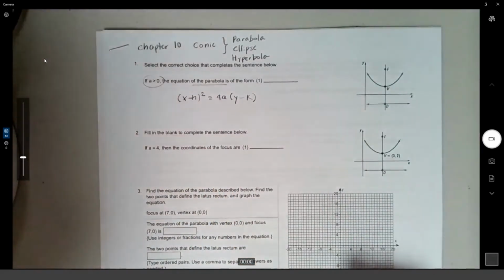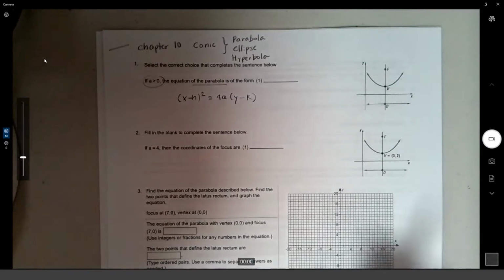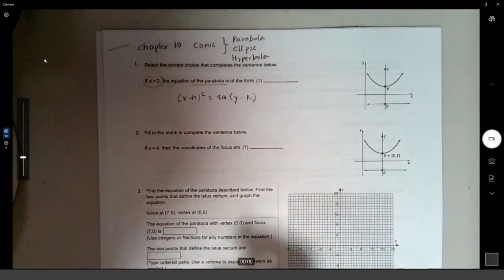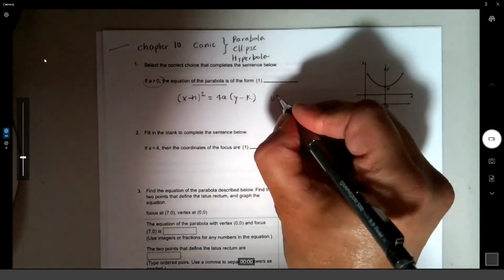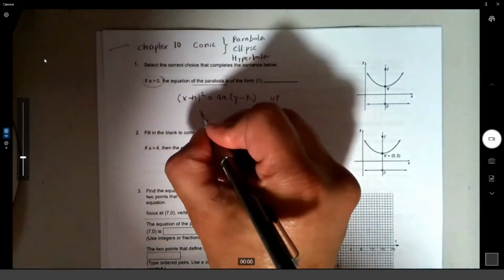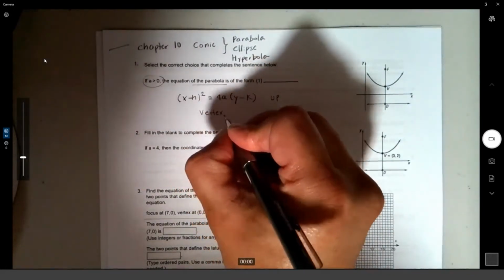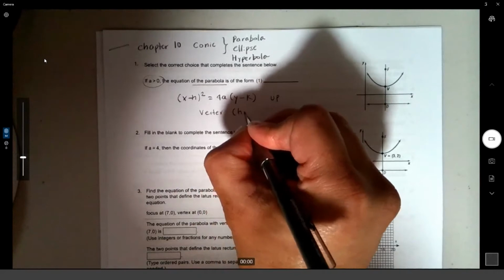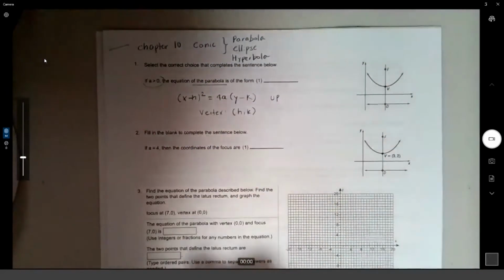This will be the equation of a parabola that opens up, okay? There will be an equation that opens up whose vertex happens to be the point h comma k.